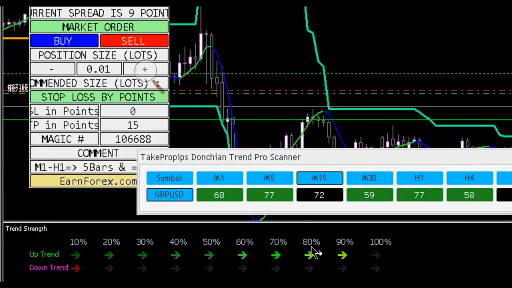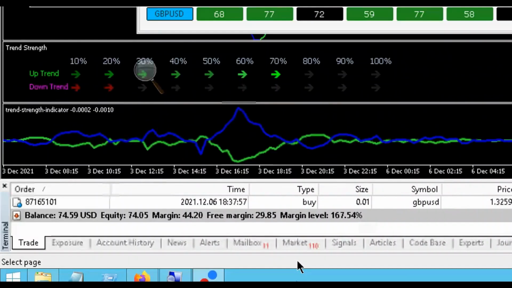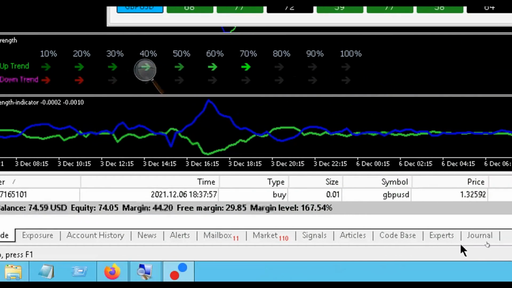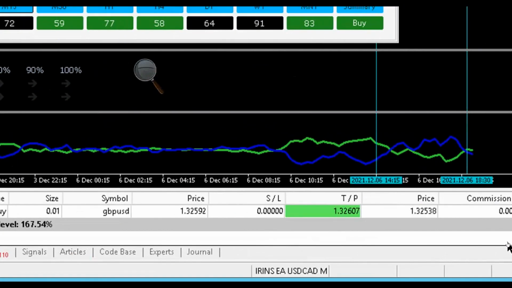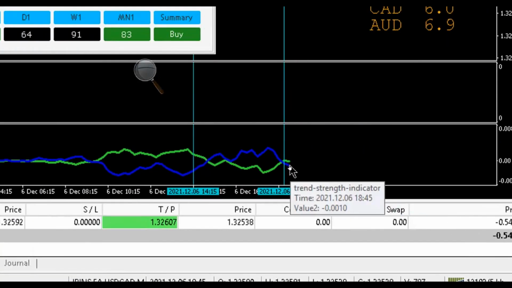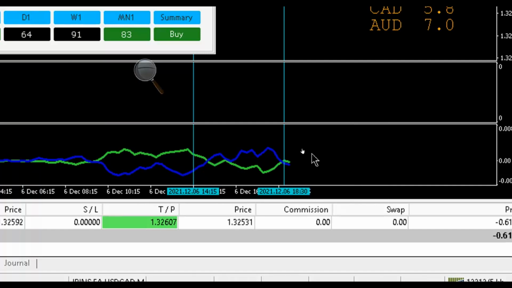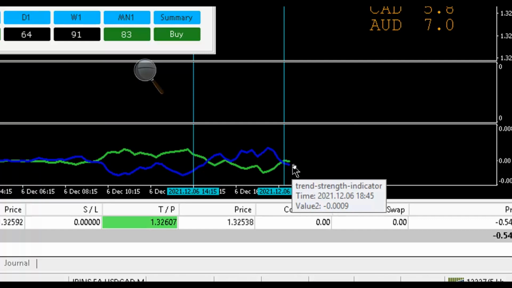We've still got that, and the strength is still 90% there, and here the green is still above the blue. That means that our base currency is still above the US dollar, but it's only just, as you can see, it just flickered and opened its mouth a bit more.